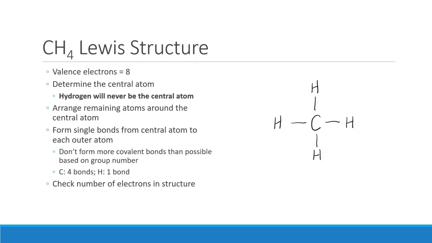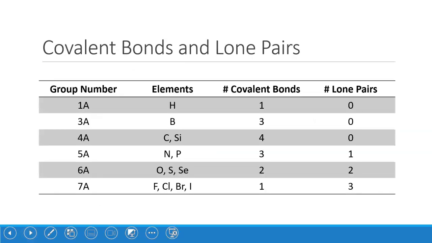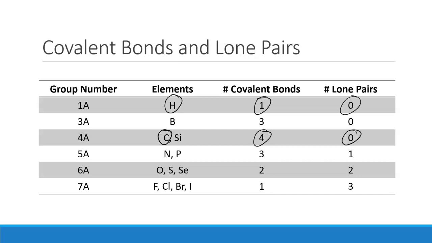We don't want to form more covalent bonds than possible based on that group number, and again, that is coming from this table. If we look at the element carbon, carbon should have 4 covalent bonds and 0 lone pairs. And hydrogen should have 1 covalent bond and 0 lone pairs.